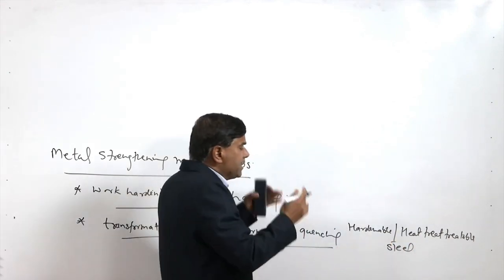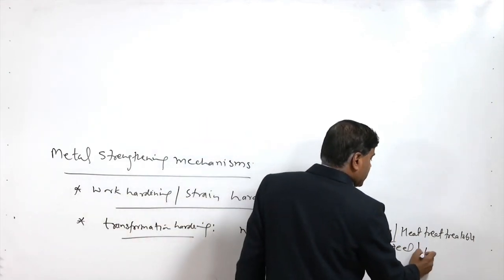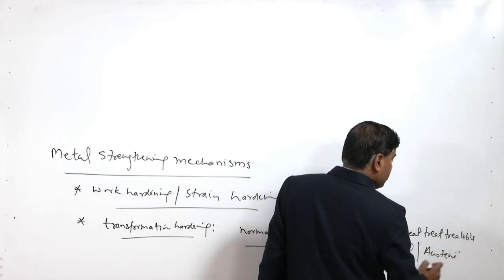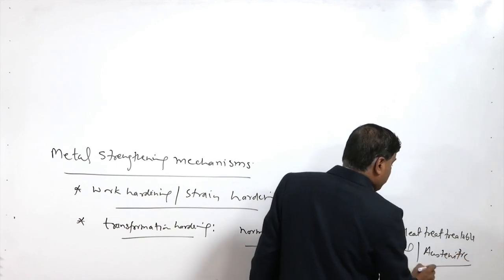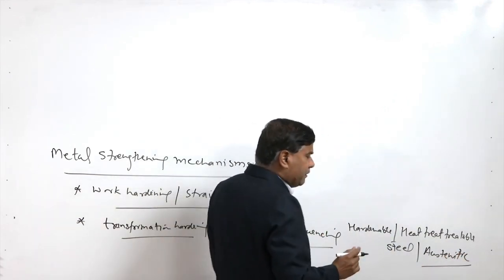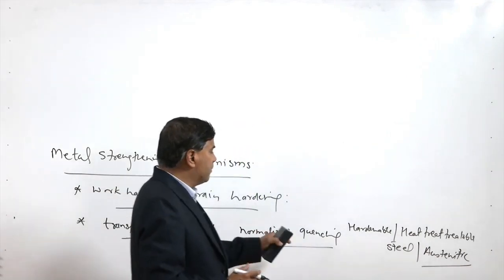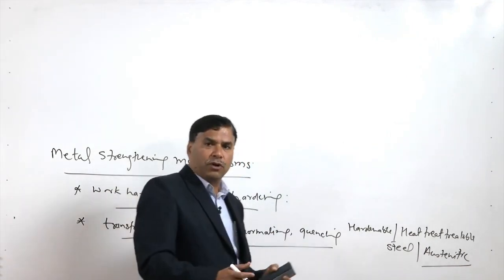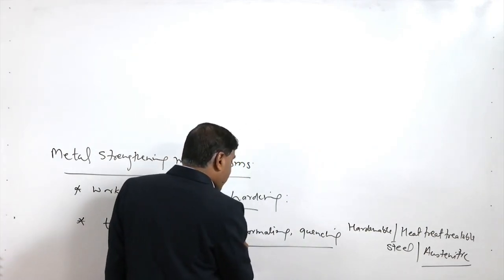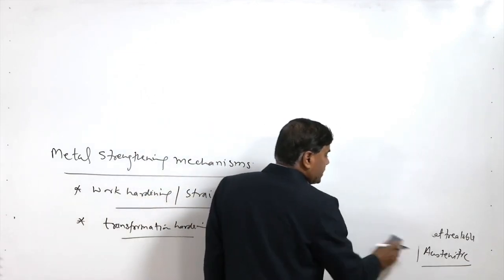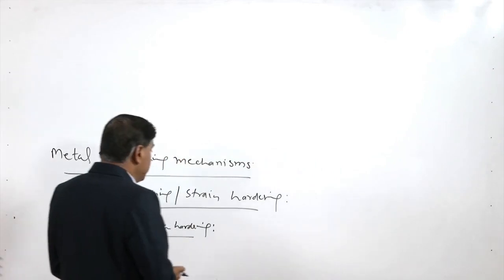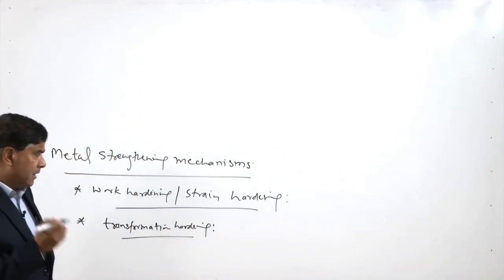Whenever these are heated to the austenitic state during the manufacturing, followed by the cooling, if the cooling is fast, then it will be leading to the normalizing, but if it is very fast like quenching in water or oil, then it will be leading to the hardening or martensitic transformation from the austenitic state. That in turn will be increasing the strength and hardness.